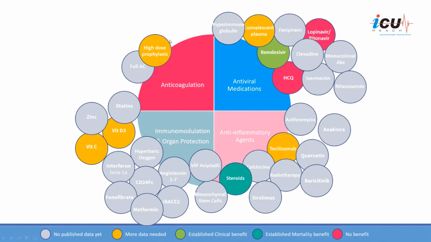So we have some studies, mainly from China and the Netherlands, about use of anticoagulation for those patients, but we do not have full confidence that everybody should be anticoagulated. But we feel that everybody who is severe enough in his or her disease should be given intermediate or high dose prophylaxis, but not full anticoagulation.